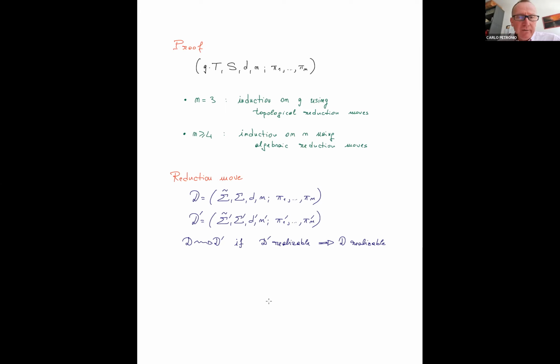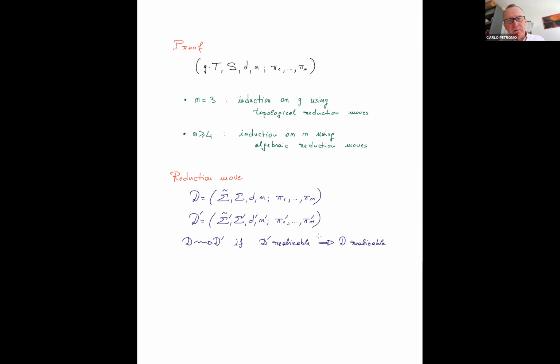And for n at least 4, we use instead induction on n. And in this case, again, we have some reduction moves that we call algebraic. So what is a reduction move? A reduction move is, so suppose we have a candidate branch datum D, sigma twiddle, sigma, d, n, and partitions pi r and pi n, and another one, D prime, where the symbols with a prime should have some relation with those of D, as you will see in the examples.